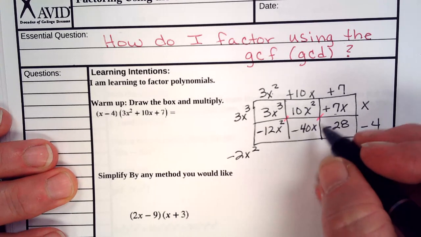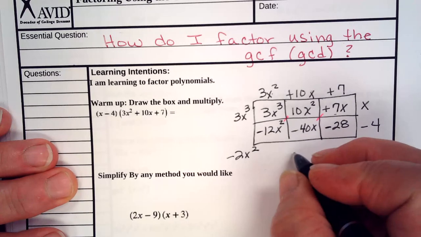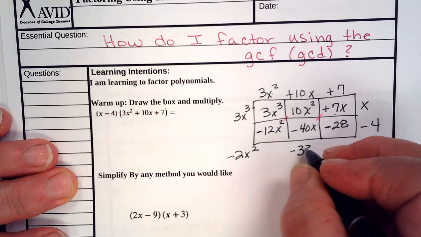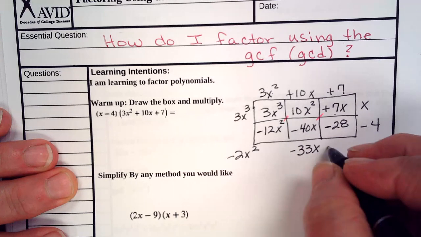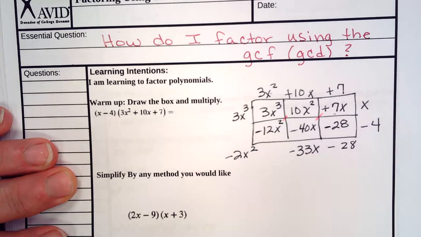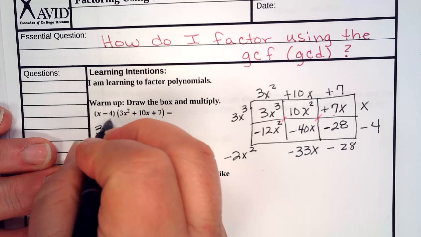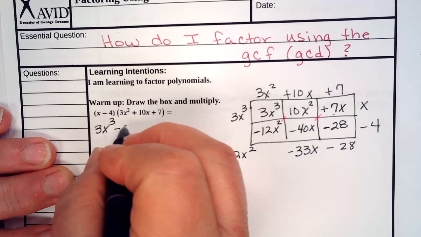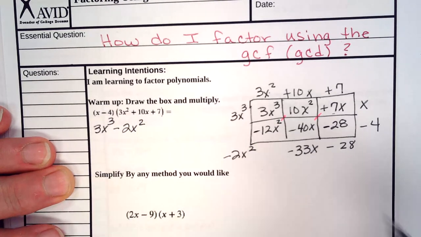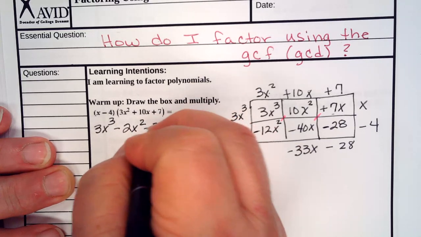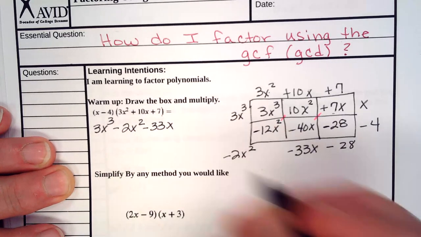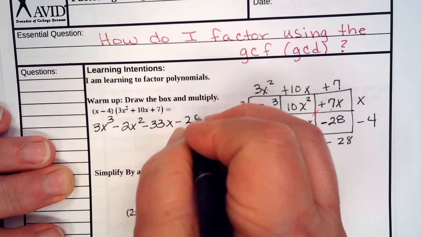Subtract them. 40 minus 7 is 33. Keep the sign of the larger, so it's negative 33x minus 28. The answer is 3x to the third minus 2x squared minus 33x minus 28.